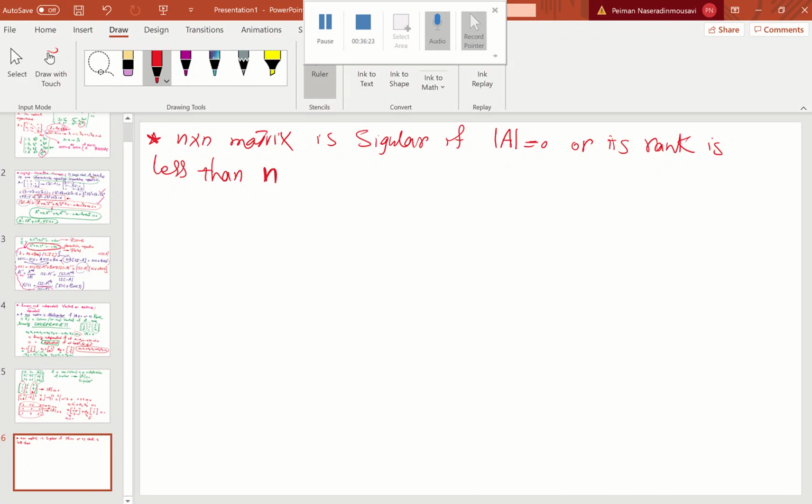So in non-singular, rank is n, but for the singular matrix it is less than n.